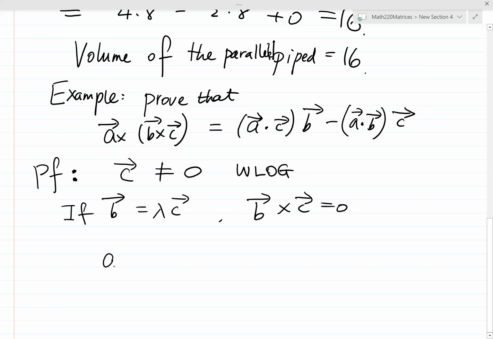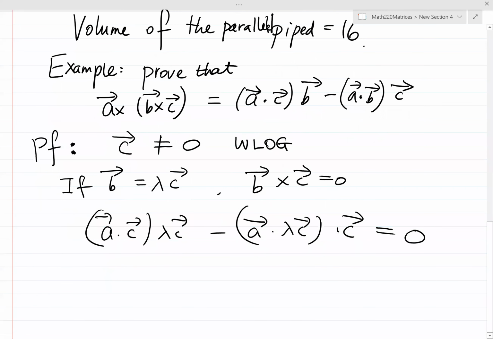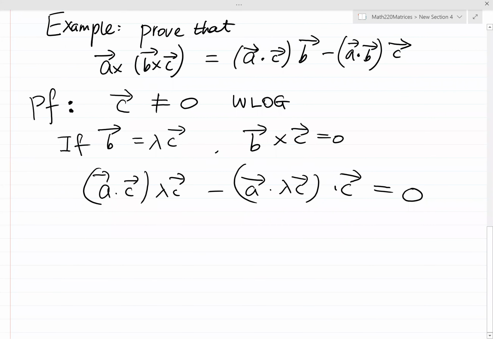The right side is A dot C times lambda C minus A dot lambda C times C. Clearly this is 0. So we assume that B is not parallel with C.